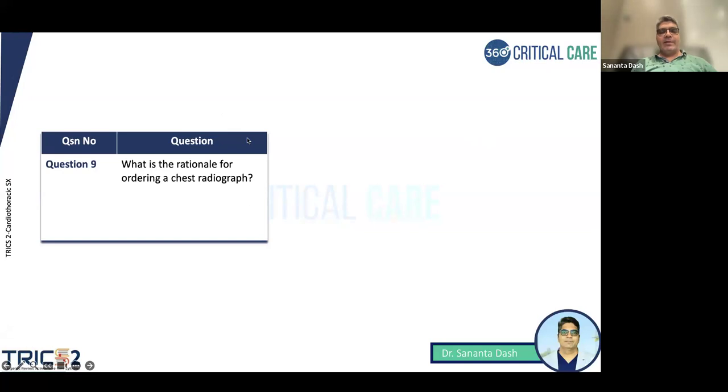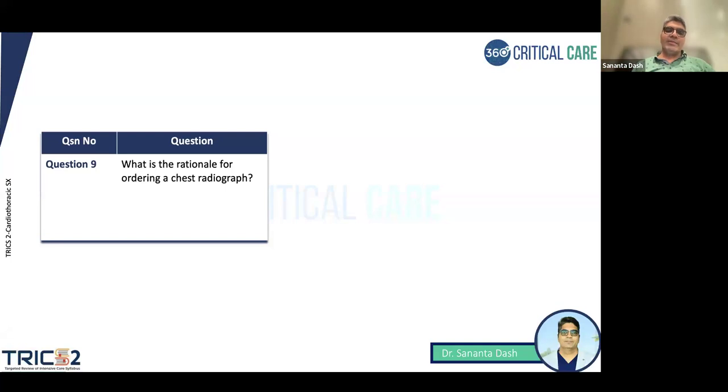Yep, that's correct. But aortic dissection, can you rule that out with this? It's very hard to rule out a dissection with a chest X-ray. You talk about something which you are sure about, okay? The first answer was correct.